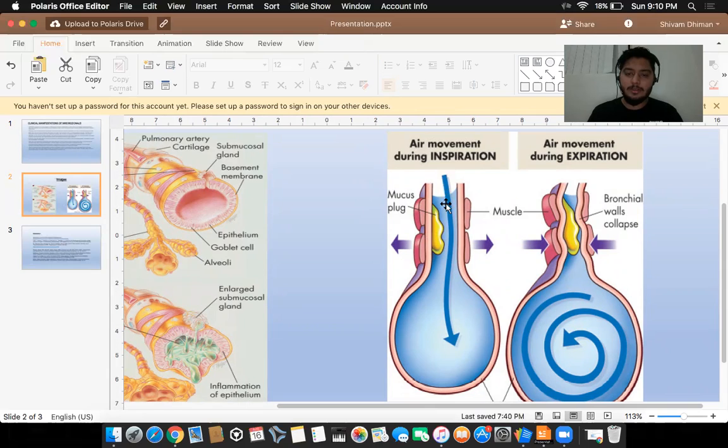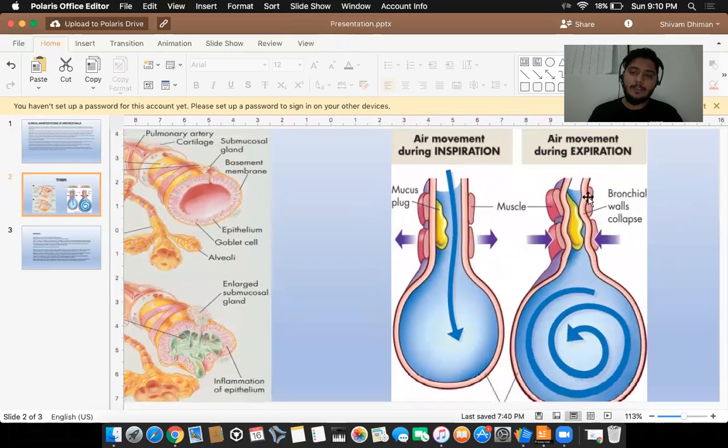We can see the mucus plug. This is the alveoli. The air goes down to the alveoli, and the problem occurs when we need to expire. The alveoli has elastic walls and it expands. There is air inside, but the problem is that when we expire, there is only a small amount of air.